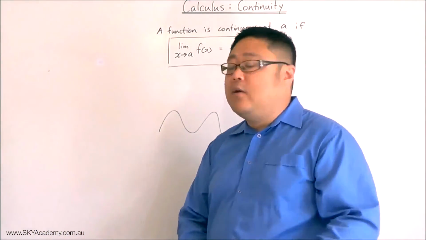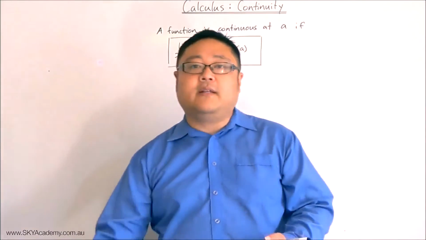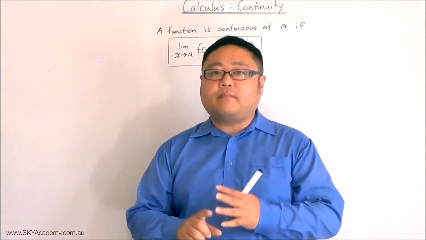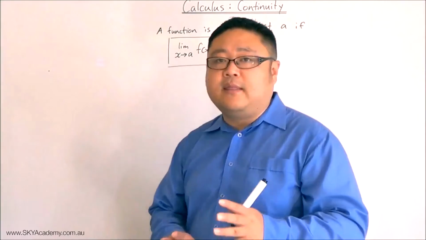However, in maths, we are actually looking at how we can define or how we can test for continuity. And there is a really simple test for continuity, and that is basically this.